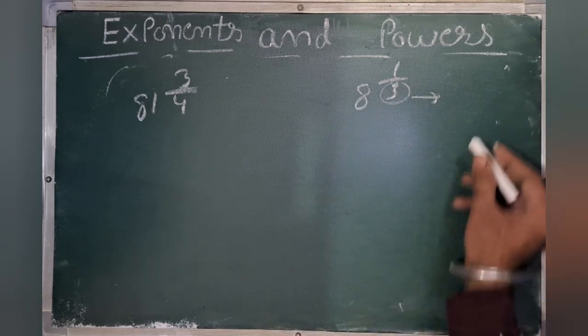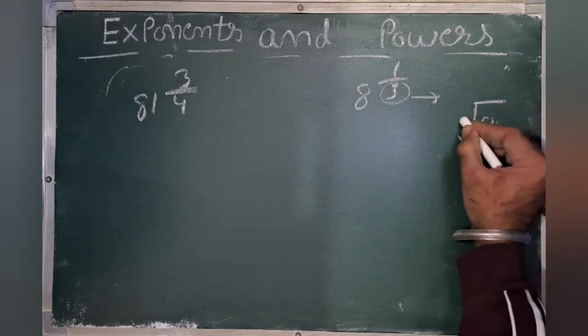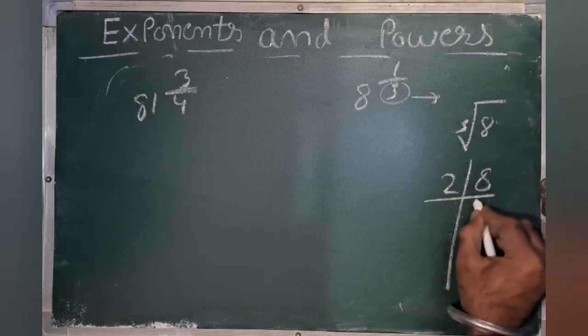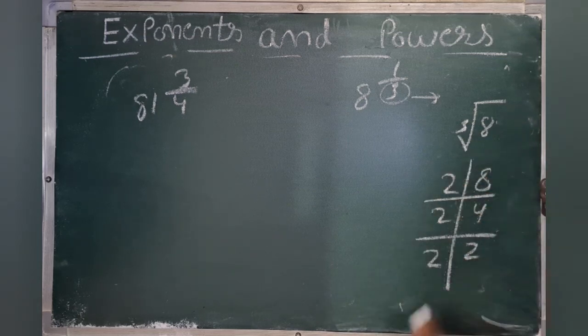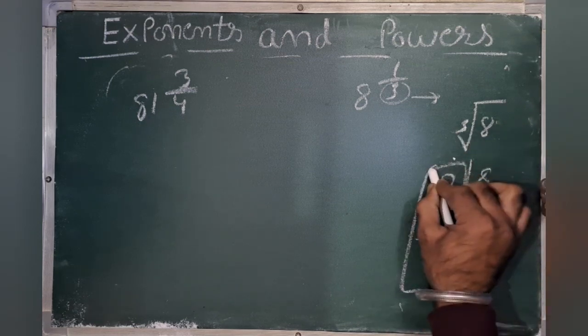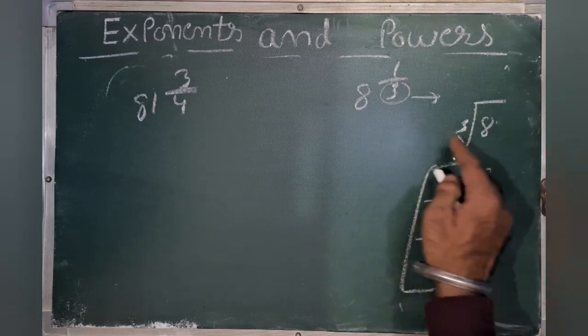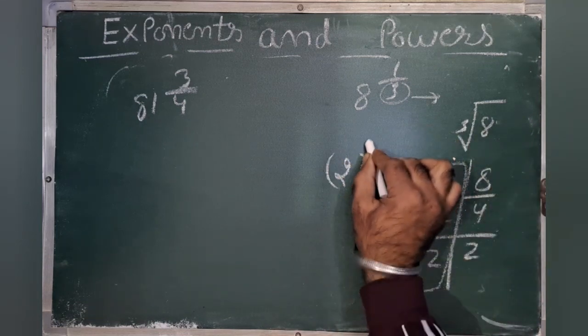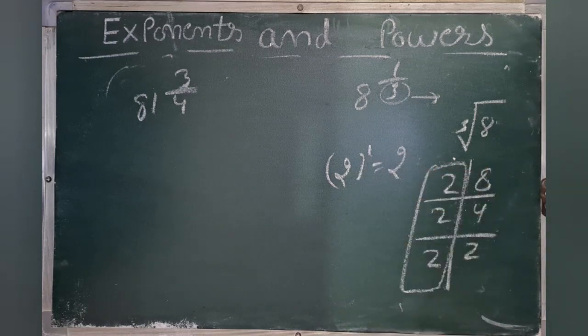Third root means cube root. So how do we find the cube root? We find the factors, and we have to make sets of 3. So the cube root of 8 is 2. So 2 power 1, that is 2.